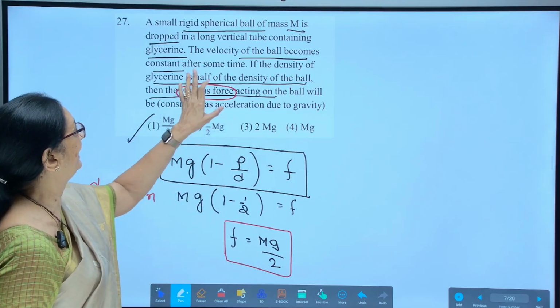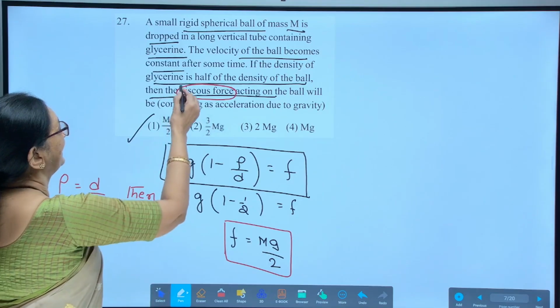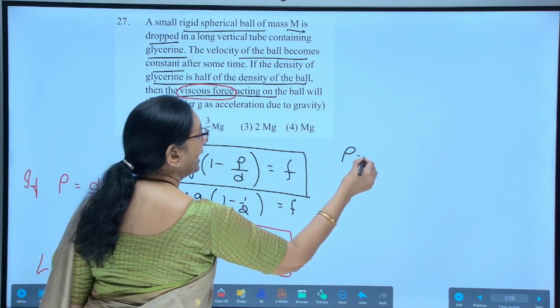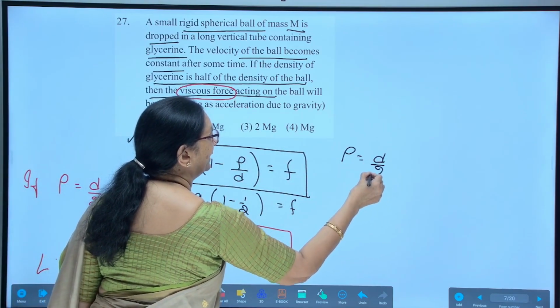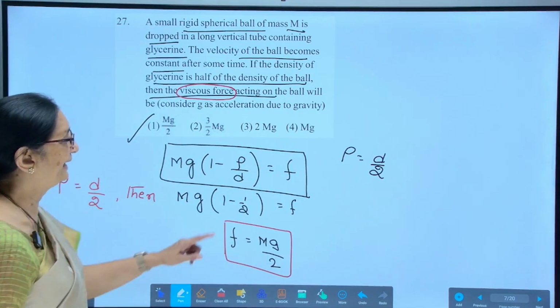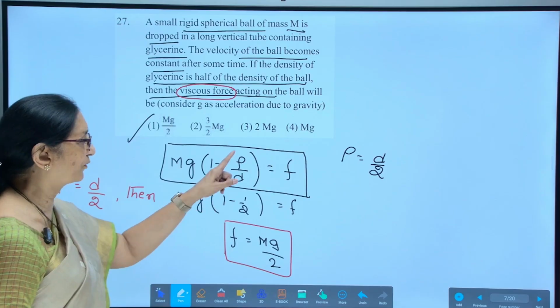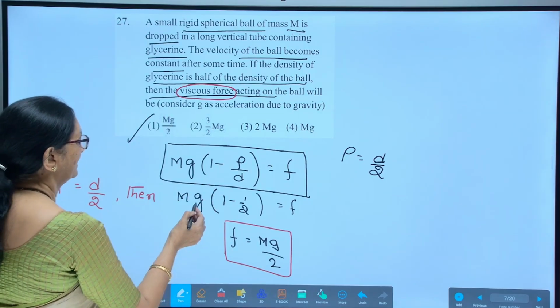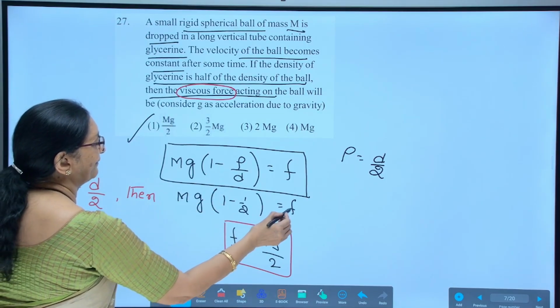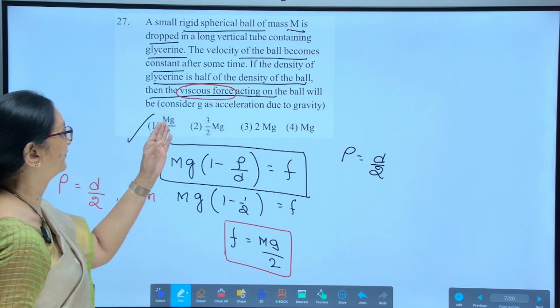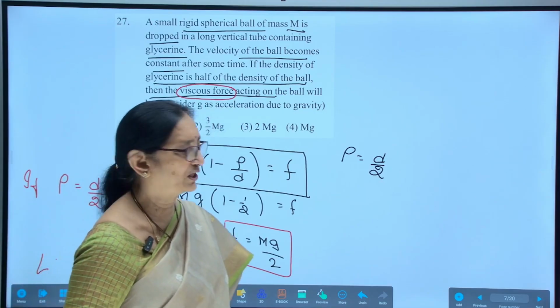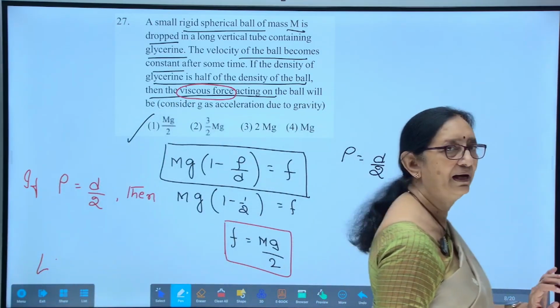In this, he mentioned that the density of glycerin is half the density of the ball. So, rho by d is equal to half. So, mg into 1 minus half is the viscous force, or viscous force is just equal to mg by 2. That is the answer.